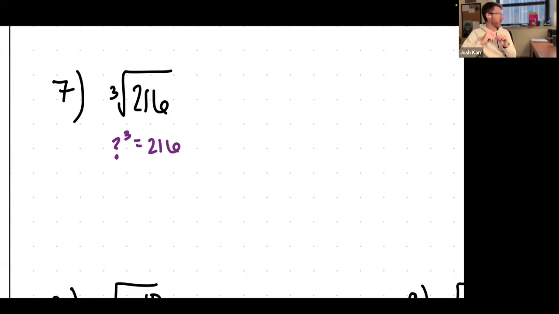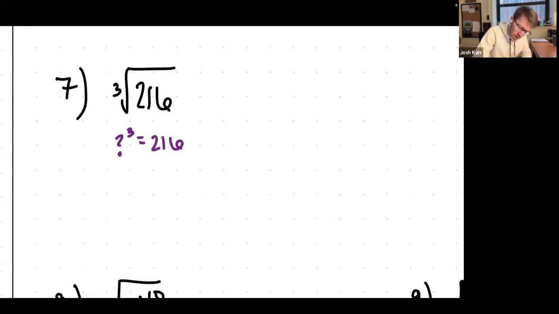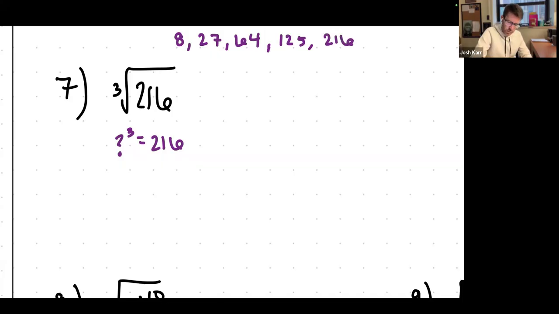So just a heads up, with your perfect cubes list, right? We said 8, 27, 64. So that was 4 times 4 times 4, 5 times 5 times 5 is 125. And if we keep going, 6 times 6 times 6 is 216.